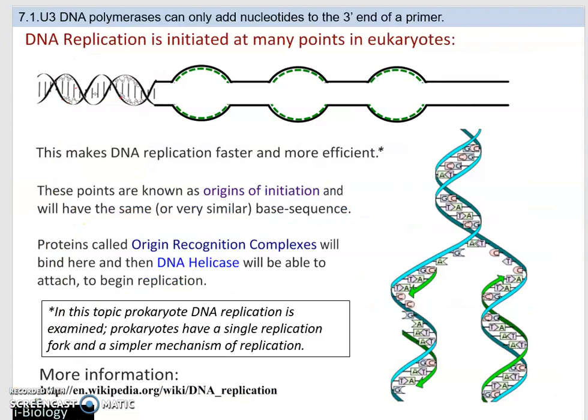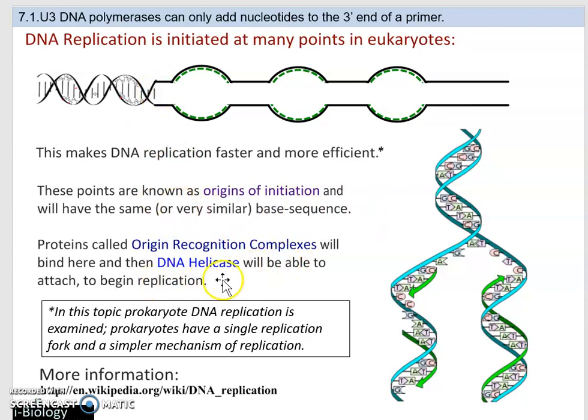So now we start to, this is the same thing again. So the origin of recognition, so the origin of why we start this replication here, and here is important. These are called origins of initiation, and they are happening because there are very, very similar base sequences for the enzyme helicase in the first instance to bind to.